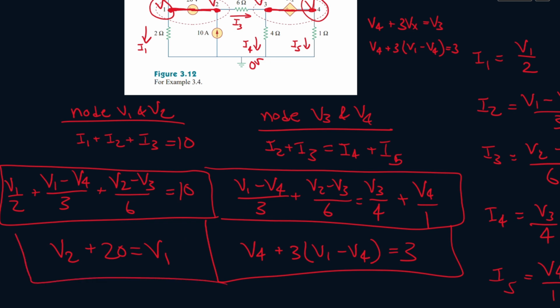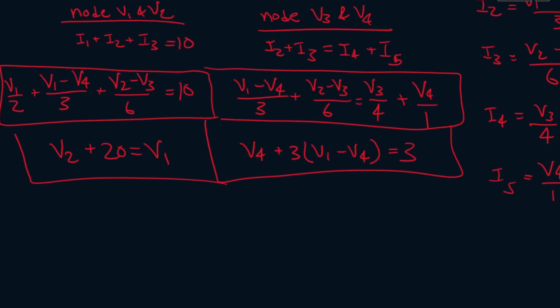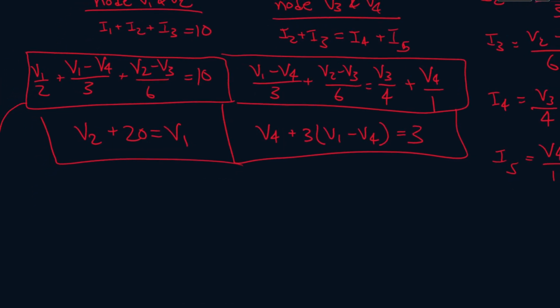Let's simplify them more, and then we can go over what to do next. Let's first work with the first one. V1 over 2 plus V1 over 3 will be equal to 0.8333 V1.